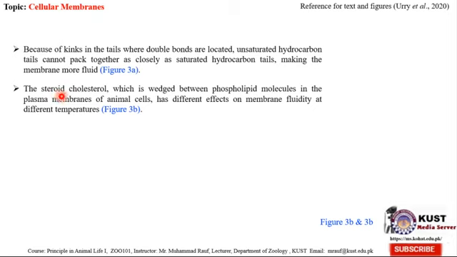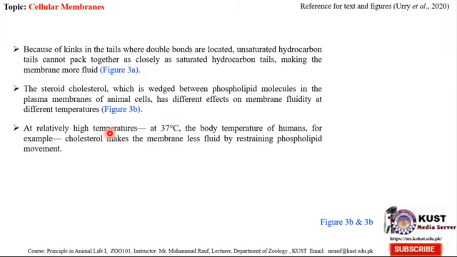And the steroid cholesterol, which is wedged between phospholipid molecules in the plasma membrane of animals, has different effects on membrane fluidity at different temperatures. So the cholesterol molecule embedded within the phospholipid tails is a fluidity buffer.